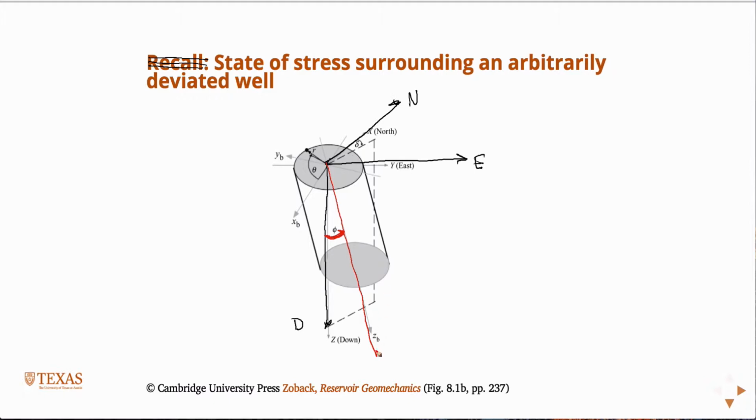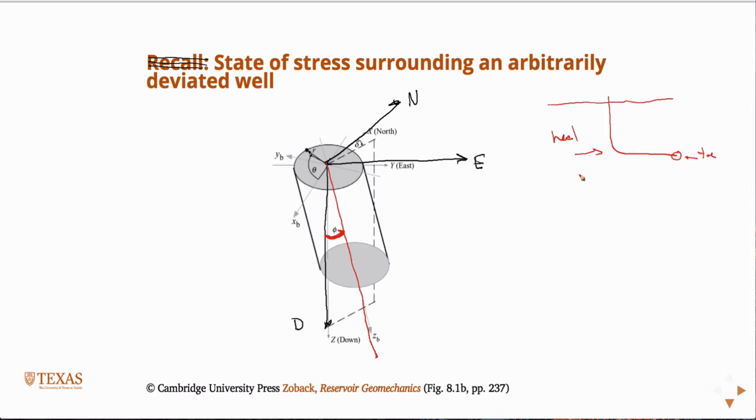So if we take the toe of the well down here, everybody know that terminology? Toe and heel, right? Particularly when you have a horizontal well, it kind of looks like that, if drilled from the surface. So this is the toe, this is the heel, because it kind of looks like a foot, right?